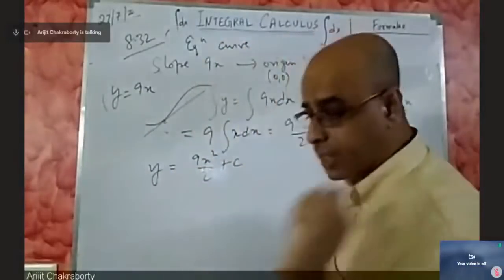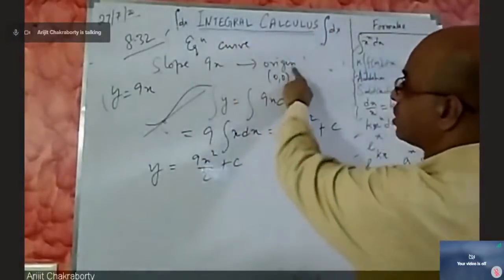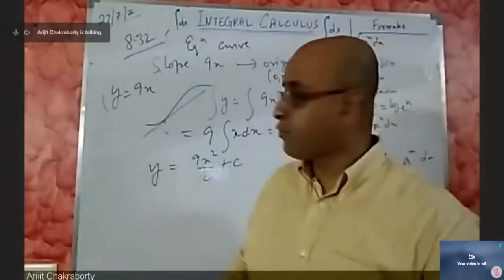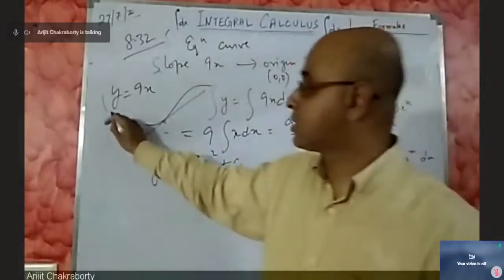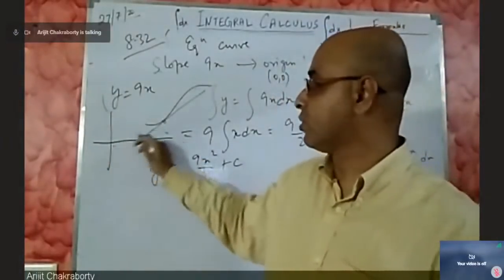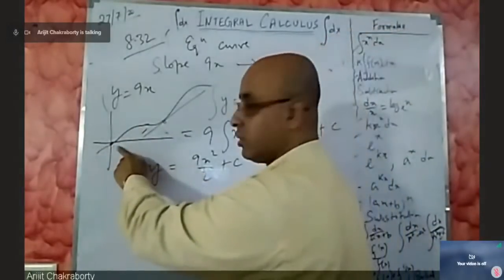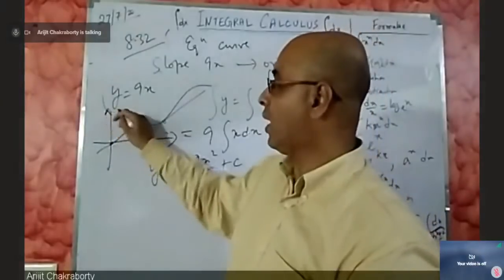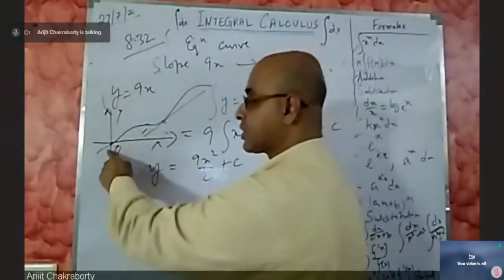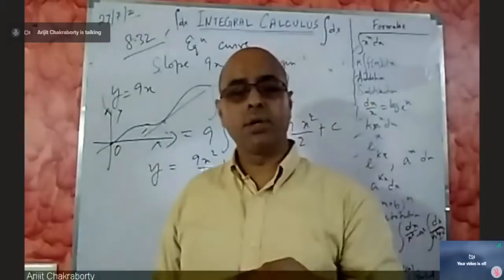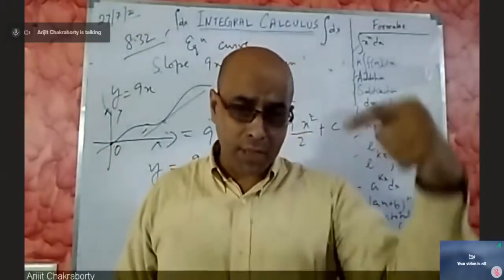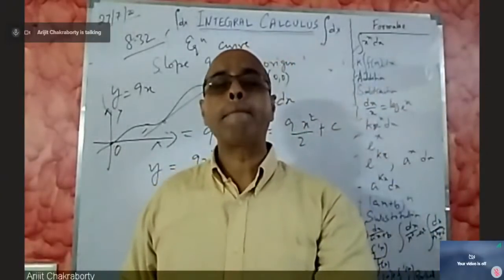But please see the question. It passes through the origin. The curve passes through the origin. That means the curve passes through 0, 0. X-axis, Y-axis. It intersects at 0, 0. X is 0, Y is 0.